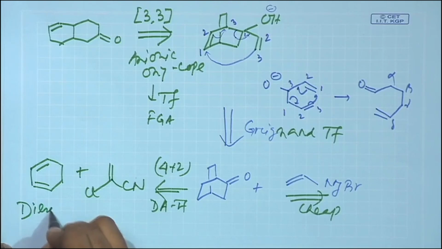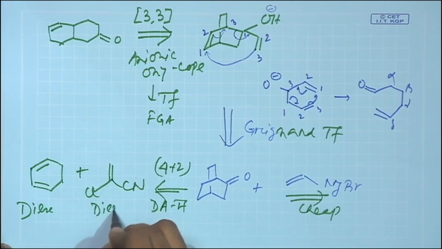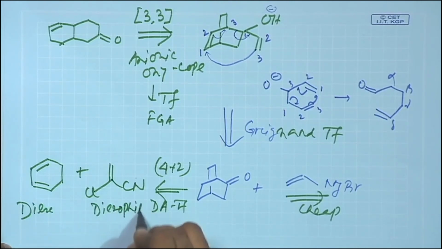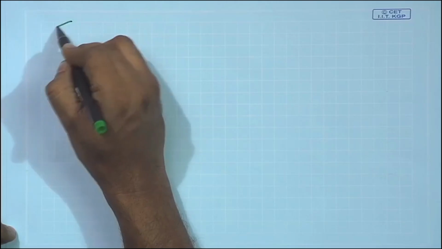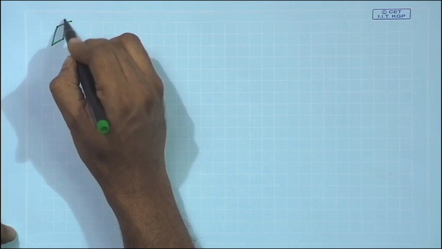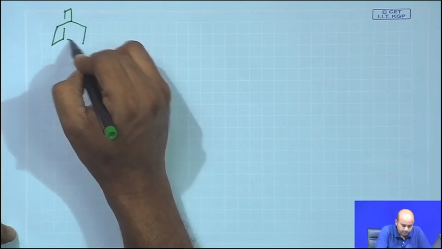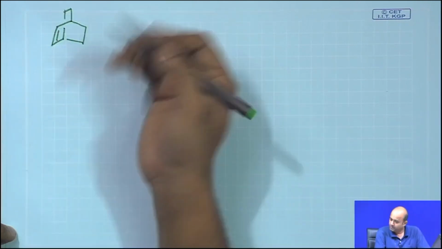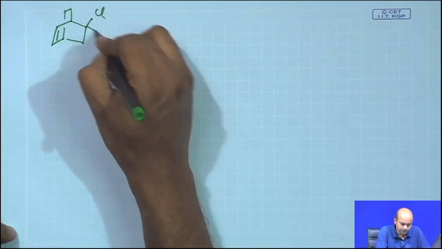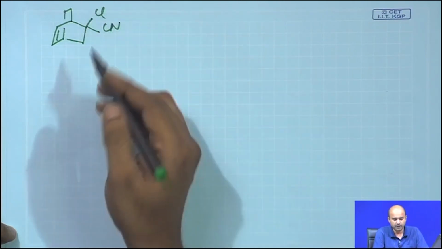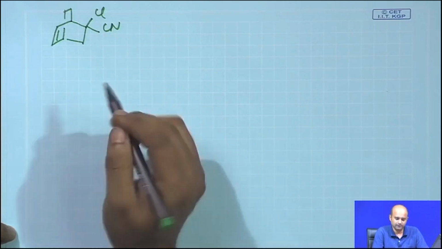It is a diene, and you need a dienophile, which is the main criterion for a Diels-Alder reaction. So, you start with this diene and do a 4+2 cycloaddition reaction, and eventually what will you get? You get a compound we have just drawn in this way. Okay, so it is a 4+2 cycloaddition.